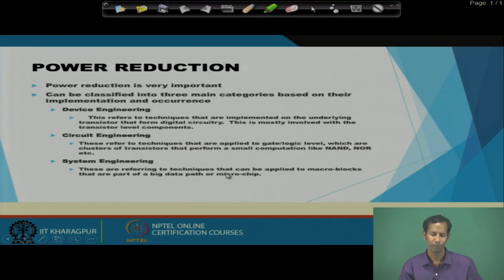Whatever architectural optimization we see for each block, like the adder, the multiplier, the divider, the CORDIC block, the FFT block, these are macro blocks, bigger blocks. There also we can make some architectural or logic level changes to make them useful for low power applications.